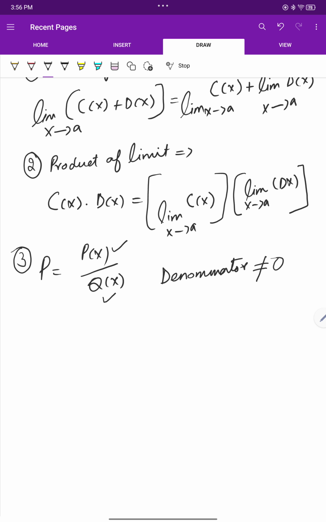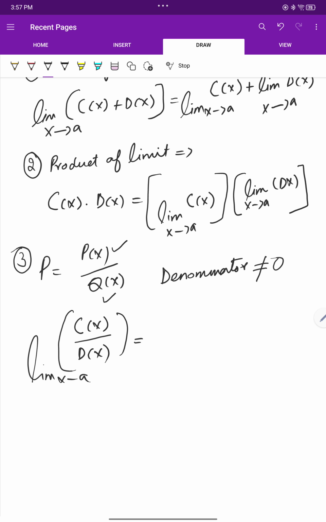Let's take an example. c(x), where c is a function, divided by d(x), where d is another function, and we have to apply the limit to both of these. So limit x tends to a, where x is a variable and a is some constant.